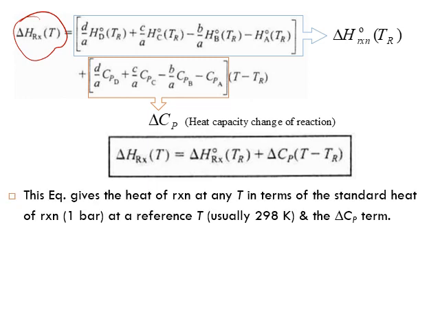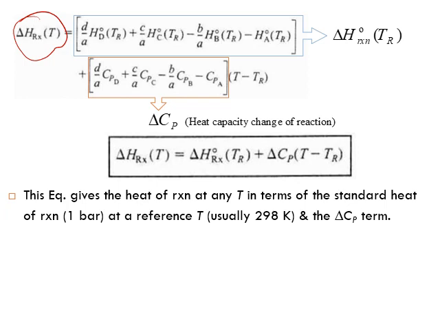This equation gives the heat of reaction at any temperature in terms of the standard heat of reaction. When we say standard heat of reaction, again, we mean 1 bar, and the species are pure and the states are defined, at a reference temperature.